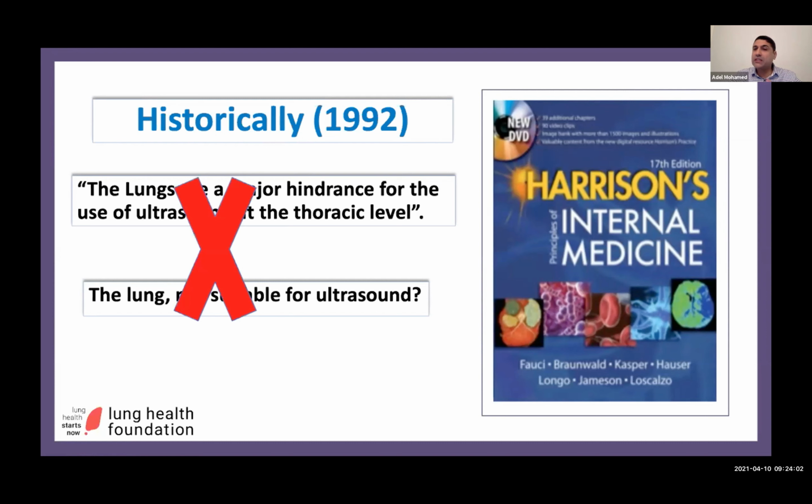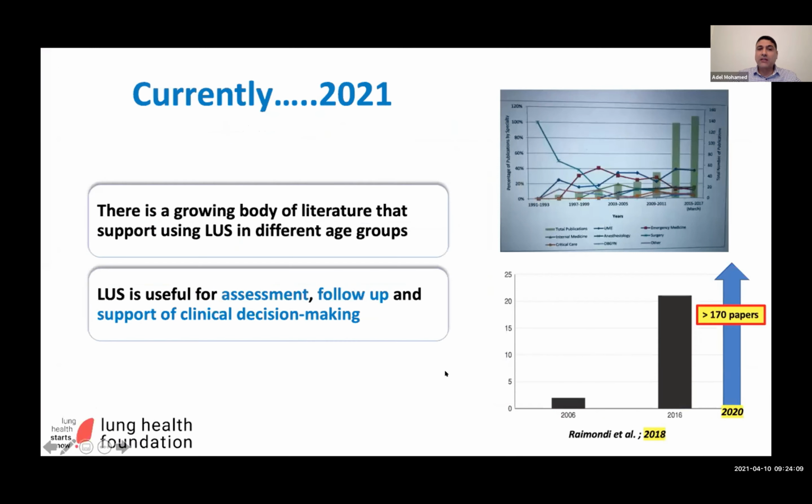Over the last three decades, we have lots of evidence to say that lung ultrasound is beneficial. It helps and, as I mentioned, is more sensitive than the traditional X-ray. The first graph here indicates this, from the adult population: the progressive increase in the use of lung ultrasound, reflected by the publications about it.